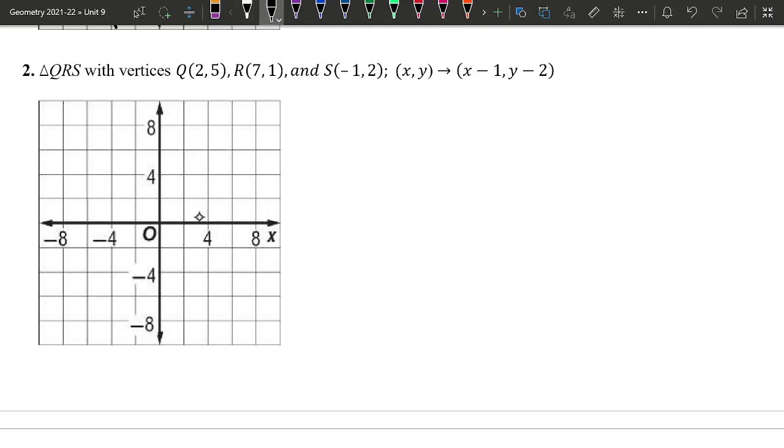So again, I'm going to plot the points Q, R, S. So (2, 5), that's Q. (7, 1) is R. (-1, 2), that is S. So there's my original triangle. And this time I'm given a rule.